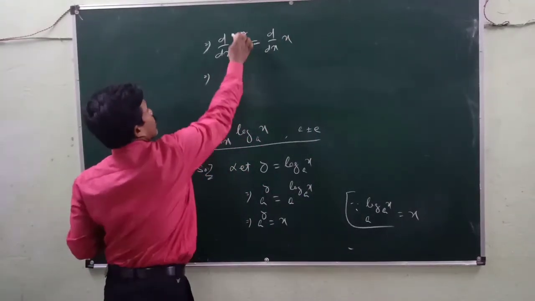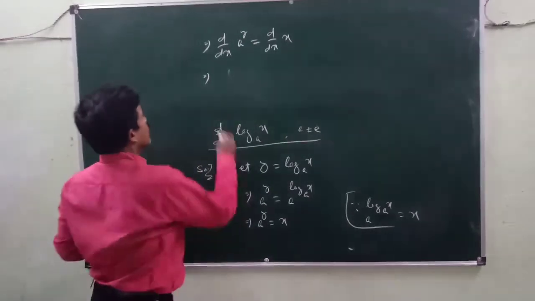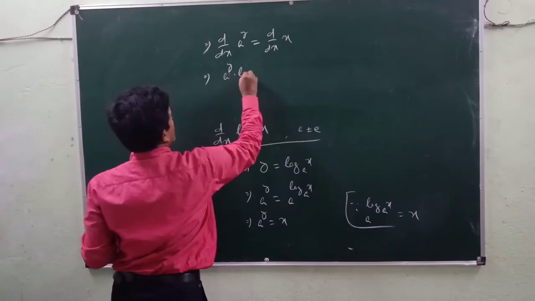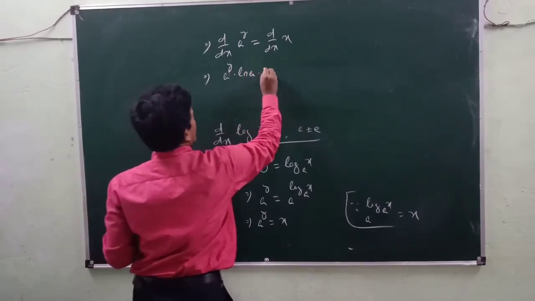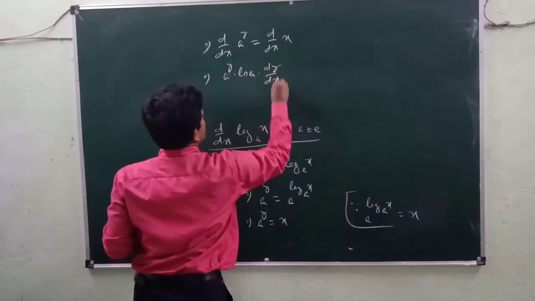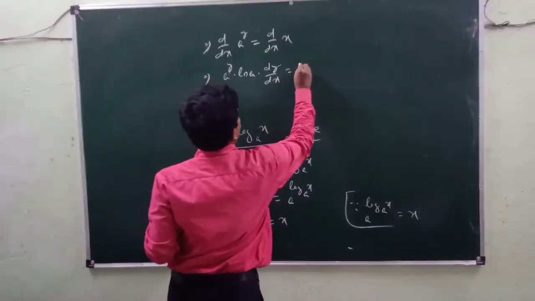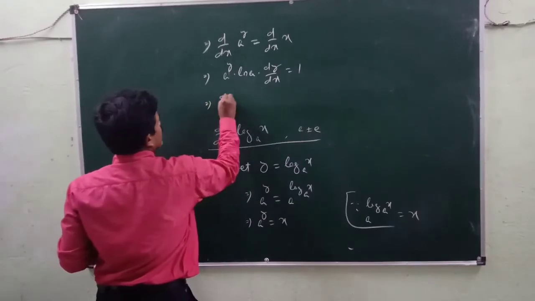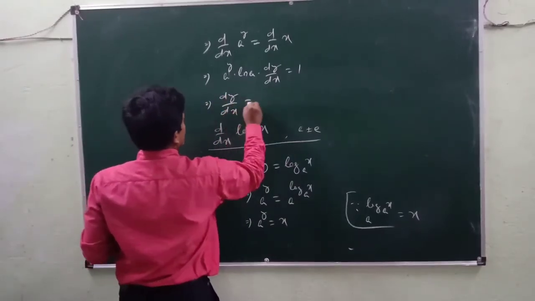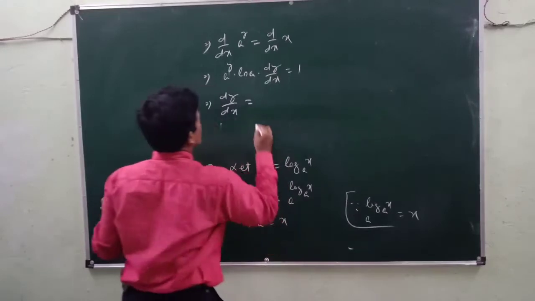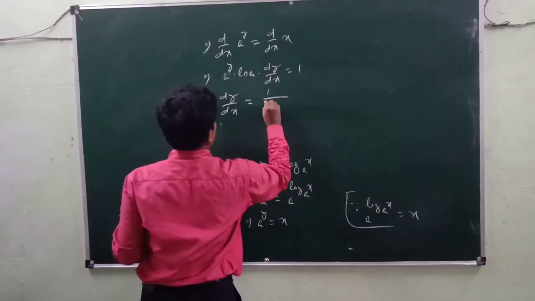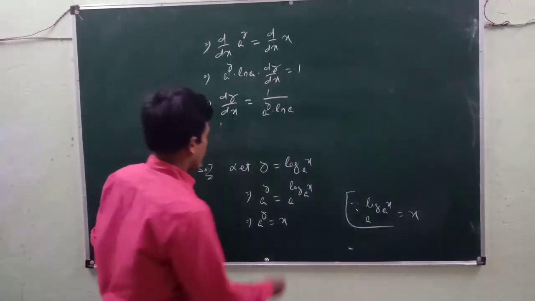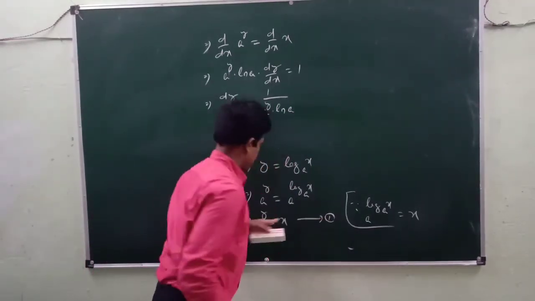Using the formula for a to the power f of x, it will be a to the power y into ln a into dy by dx, equal to 1. That implies dy by dx equals 1 by a to the power y into ln a. Now the value of a to the power y is x.